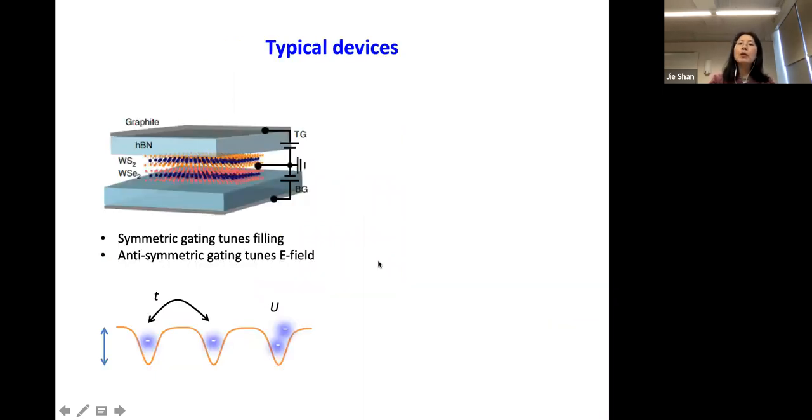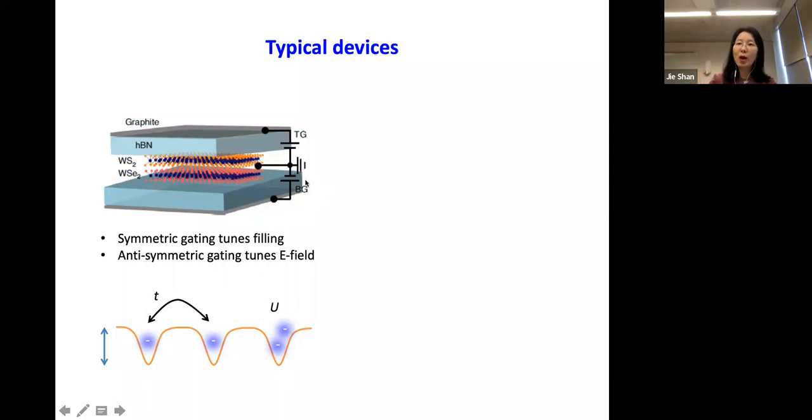And we can then put those into two gates. So in this case, it will be hexagonal boron nitride gate dielectrics and few-layer graphite as gate electrodes. And you can apply two voltages, a top gate voltage and a bottom gate voltage.